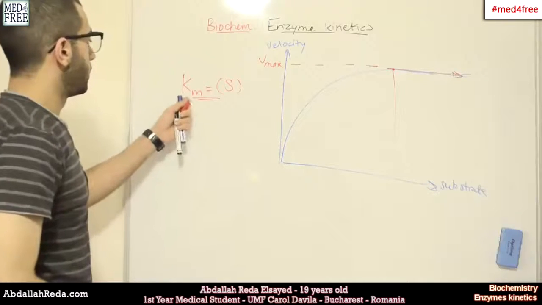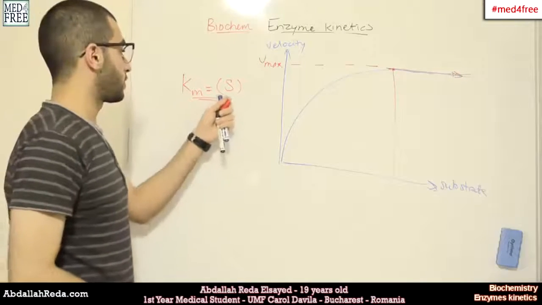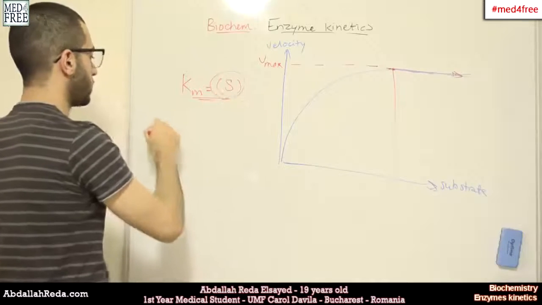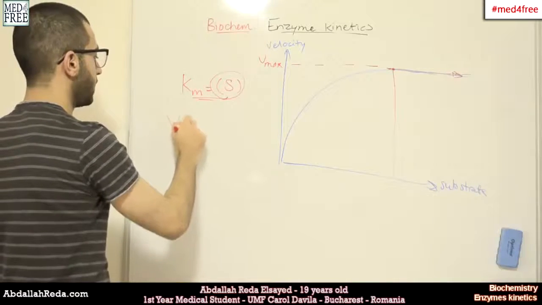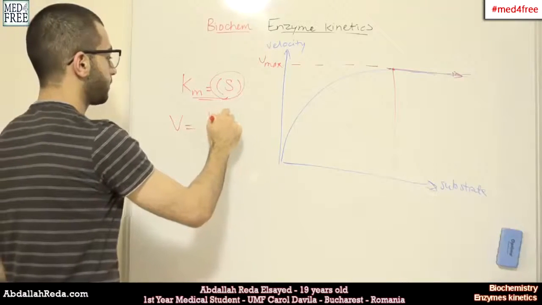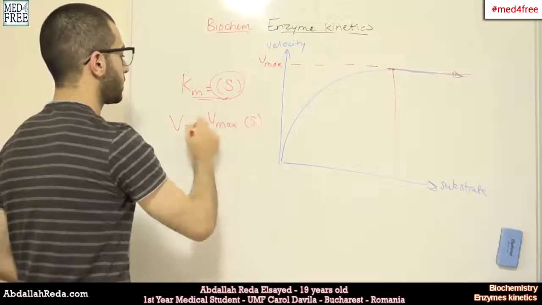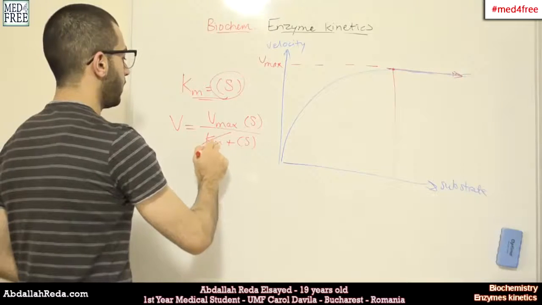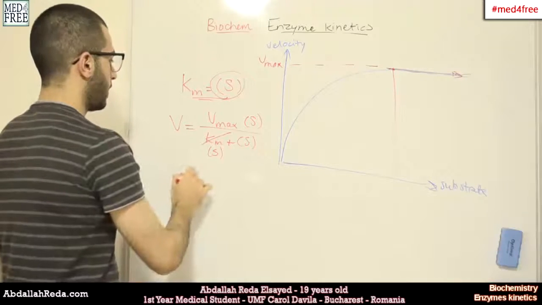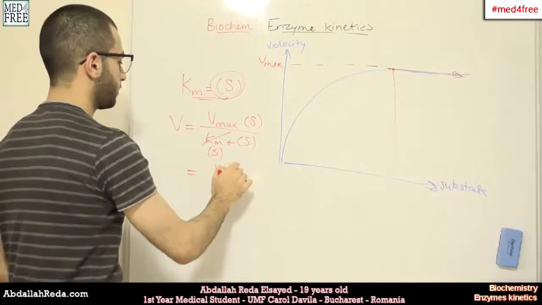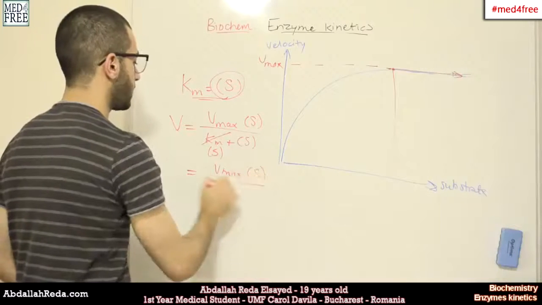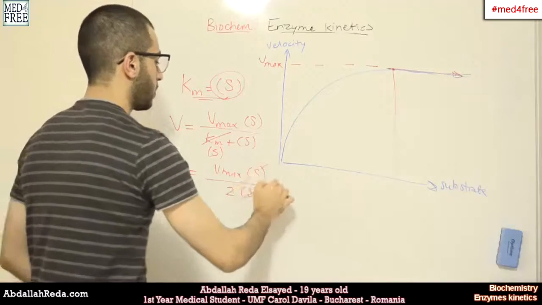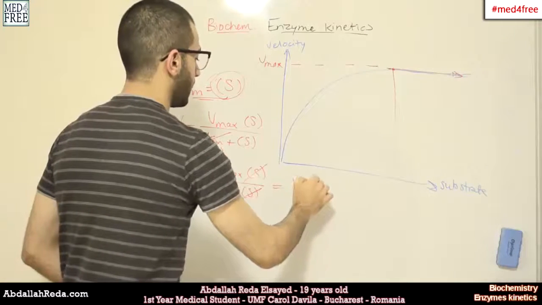If we plug this into the equation, V equals Vmax multiplied by S divided by Km plus S. If we put here another S, then we'll have Vmax multiplied by S divided by 2S, so we'll have Vmax divided by 2.